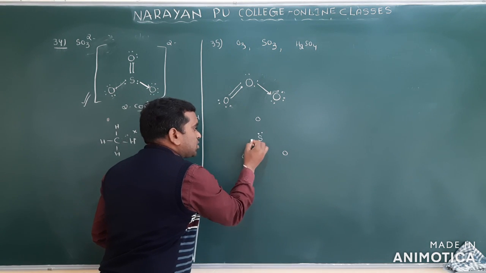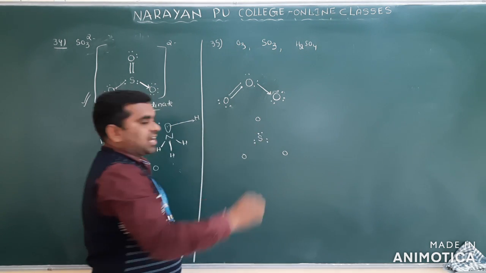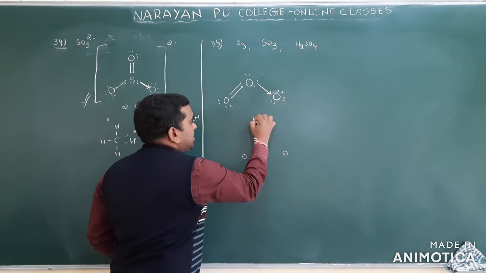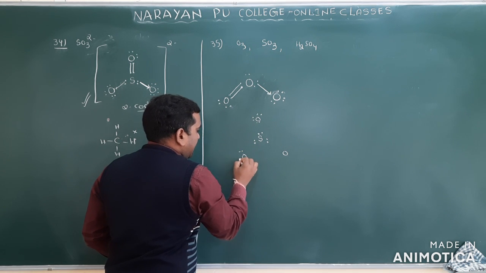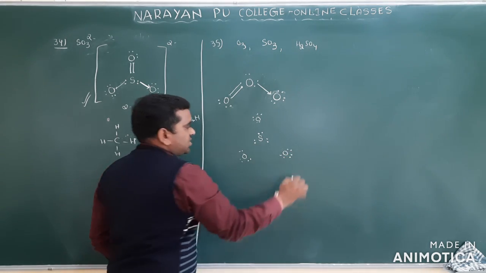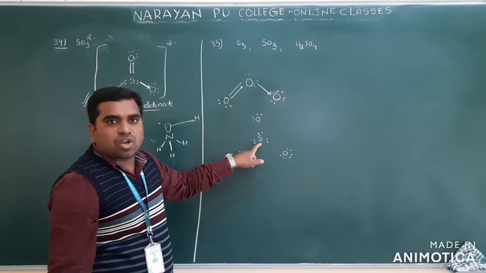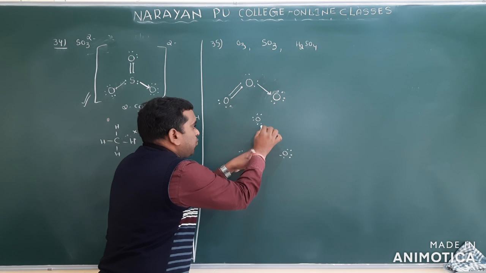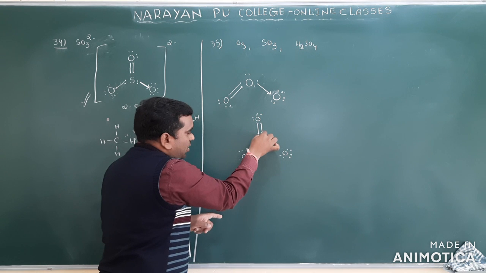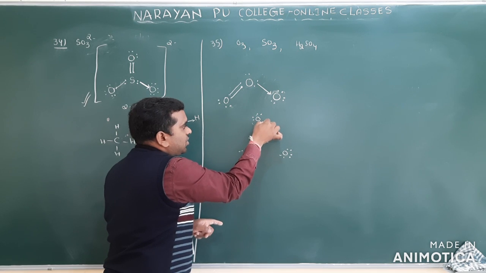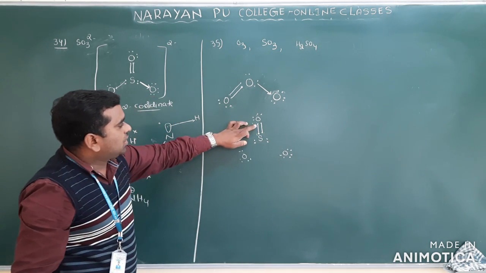Sulfur has 6 valence electrons, and oxygen also has 6. Sulfur has not attained its octet, so it will form a bond. Oxygen gives 2 electrons and sulfur uses 2 electrons, and they make a double bond here.